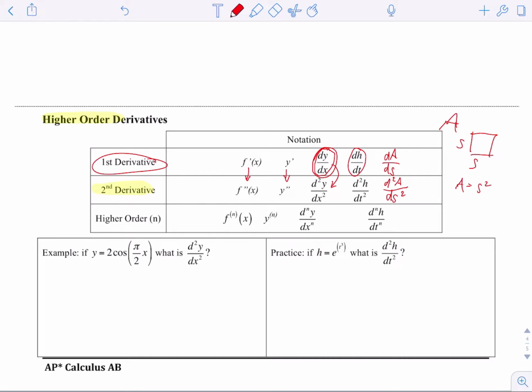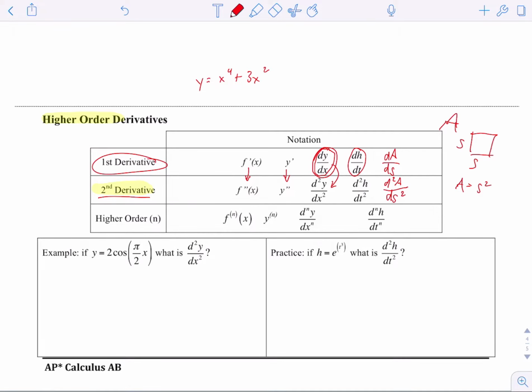Alright, so, well, let's talk about what a second derivative really means. Okay, so let me just give you an example. Let's just say I have an equation y is equal to x to the fourth plus 3x to the second power.